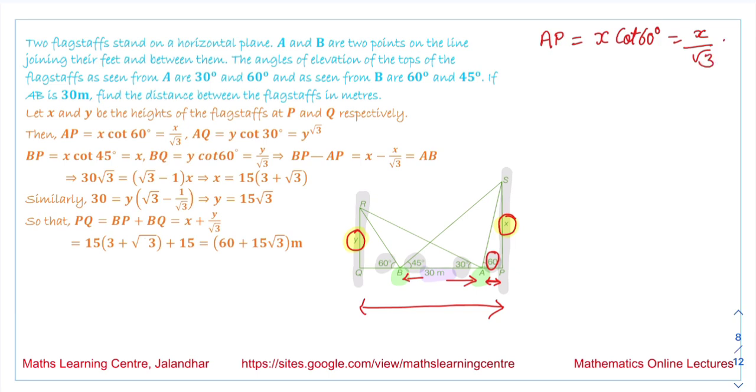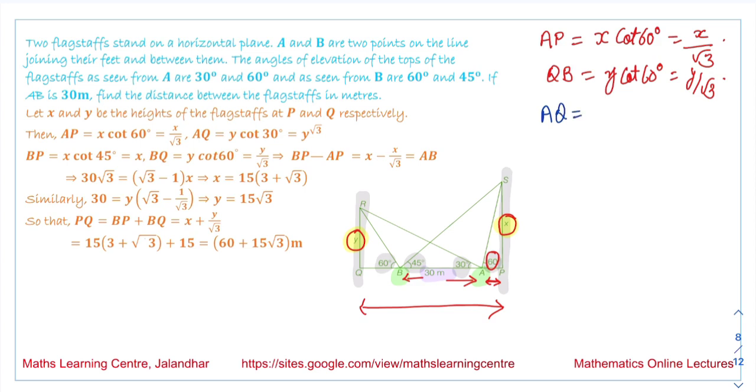Similarly, when we are calculating the value of QB, the answer we obtain is Y times cot 60 degrees. So that is equal to Y by square root 3. Next we are calculating the value of AQ.